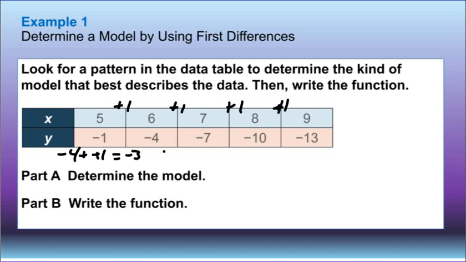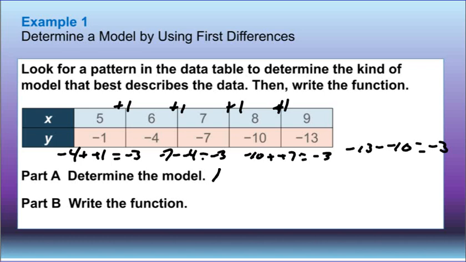And then if I take -7 minus a -4, I get a -3. And -10 minus a -7 gives us a -3. And -13 minus a -10 gives us a -3. So my first difference is -3. That means this is linear.